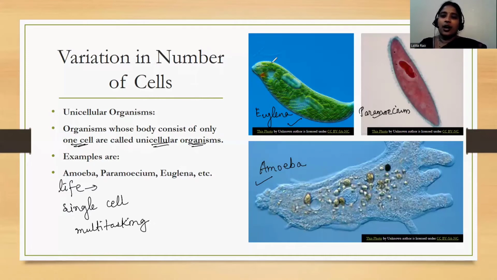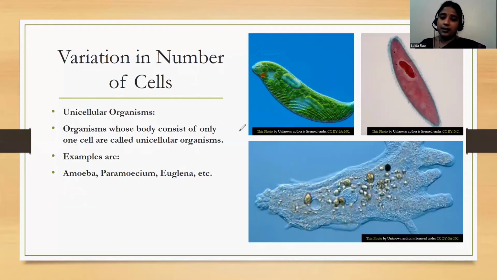Now, similarly, there are some organisms which are made up of more than one cell. The organisms made up of only one cell are known as unicellular organisms. Similarly, the organisms made up of more than one cell, we call multicellular organisms.